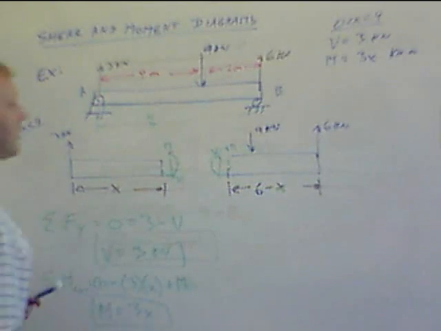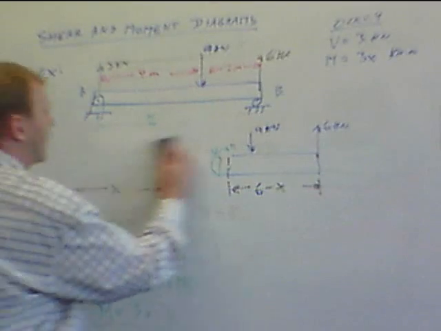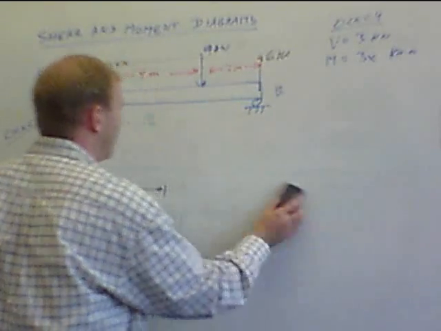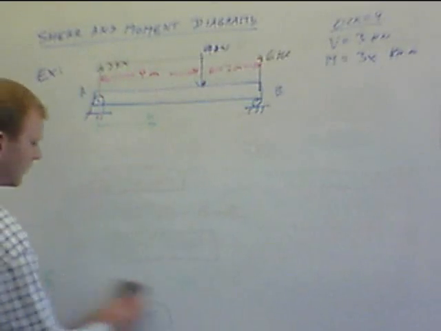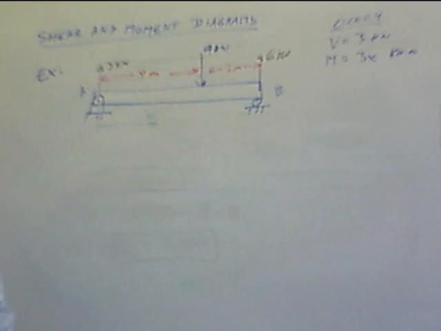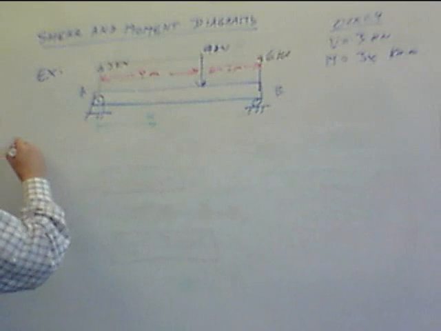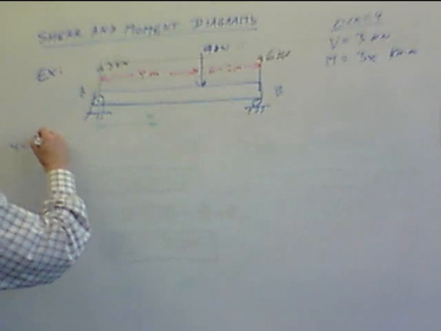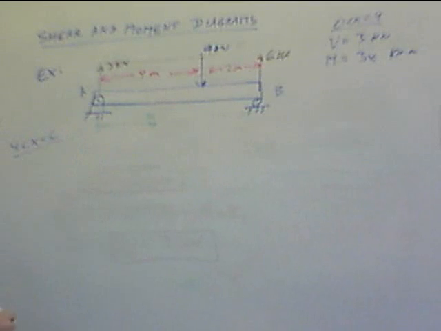We do need to look at the other side. What happens when we cut it so that the cut is past the 9 kilonewton force? Well, that's when we look at the range between 4 and 6.